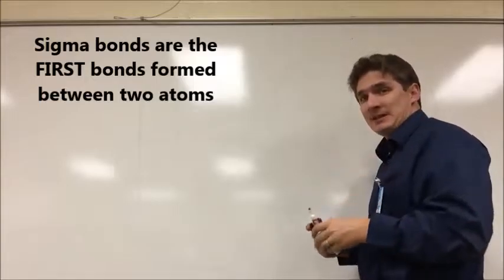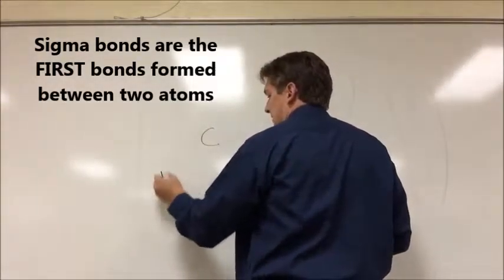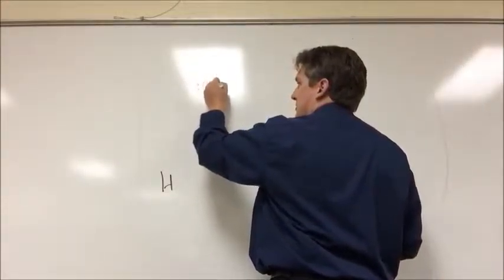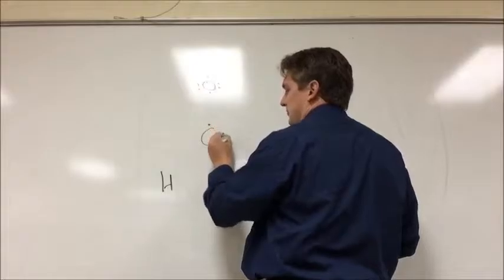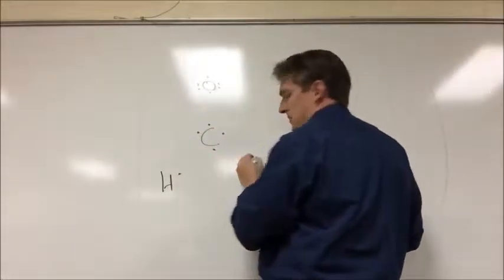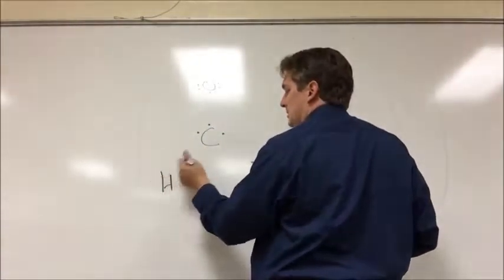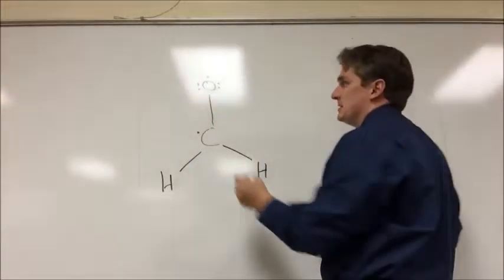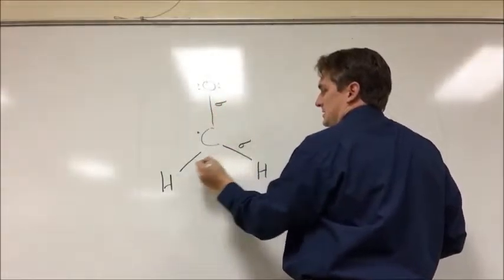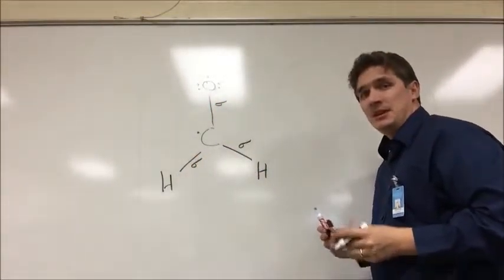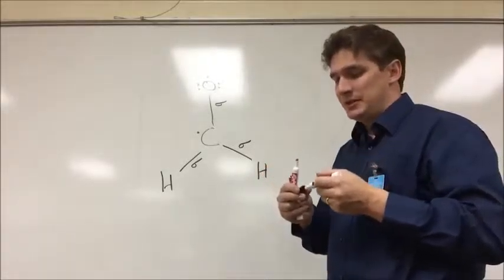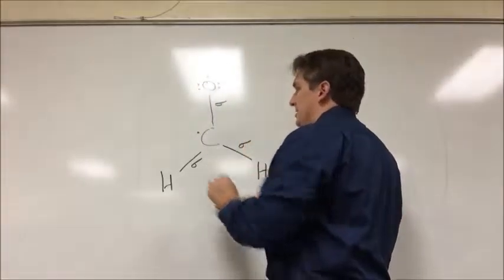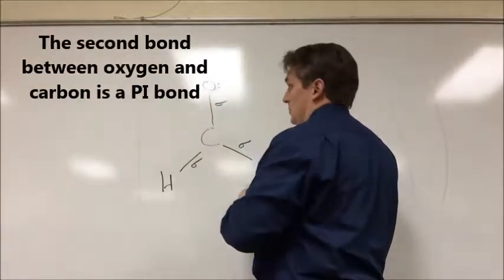If we look at something like formaldehyde again, carbon, hydrogen, hydrogen, oxygen, this time we're going to go back to drawing the Lewis structure. So we've got 6 electrons around oxygen, 4 around carbon, 1 each for hydrogen. The first bond we form between carbon and each of the peripheral atoms are all sigma bonds. So this is a sigma, this is a sigma, and this is a sigma bond. The electron density is localized between the two central atoms. Now, if we want to combine the unpaired electron on carbon and the unpaired electron on oxygen, we can, which is what we do.